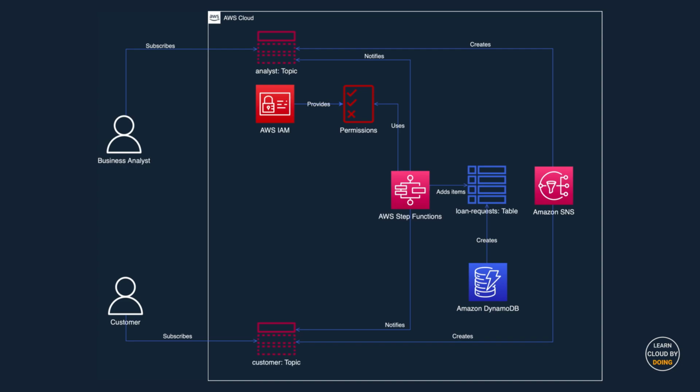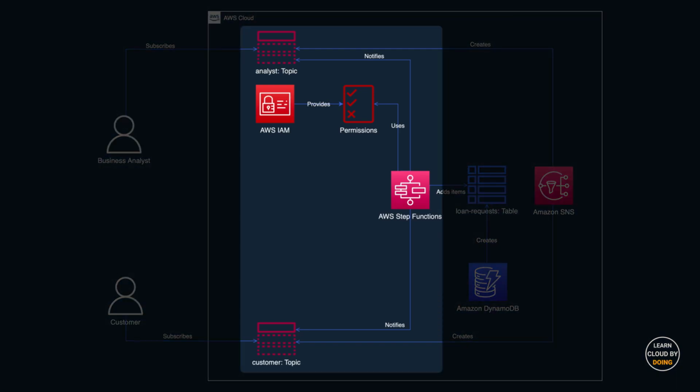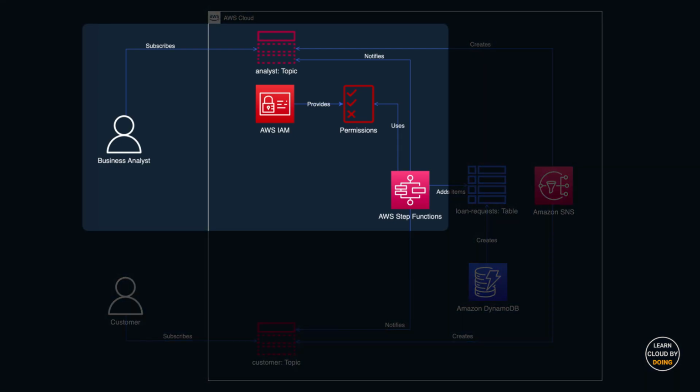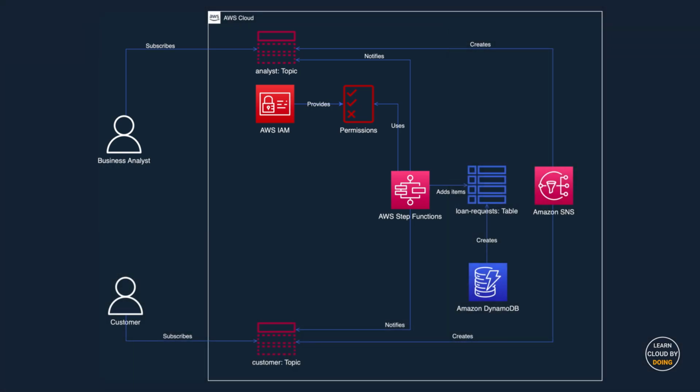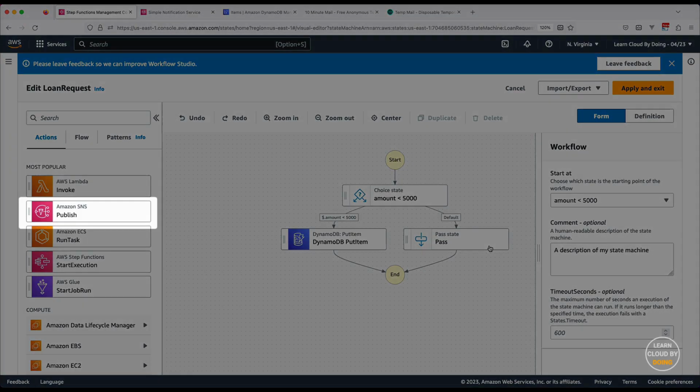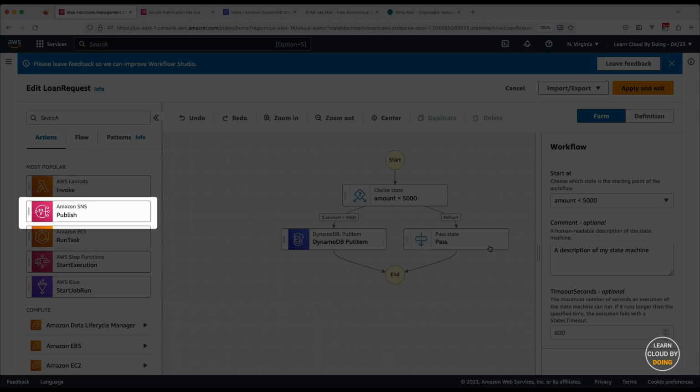The default choice creates an integration with an SNS topic. This topic warns the business analyst of a loan request greater than 5,000. The workflow waits until the business analyst informs its decision. Drag the SNS publish action just above the pass flow.